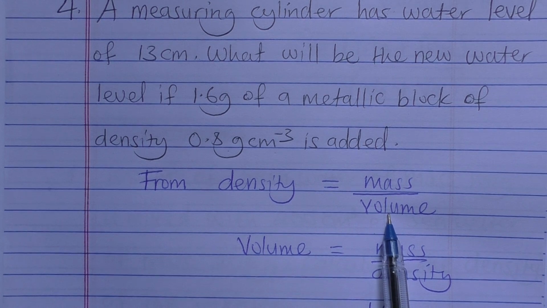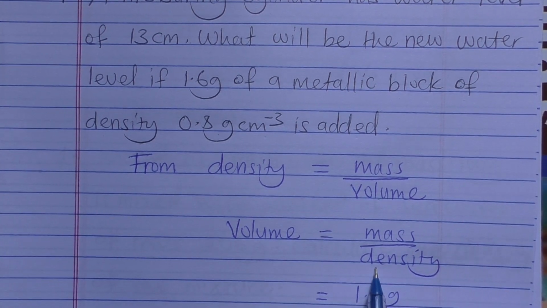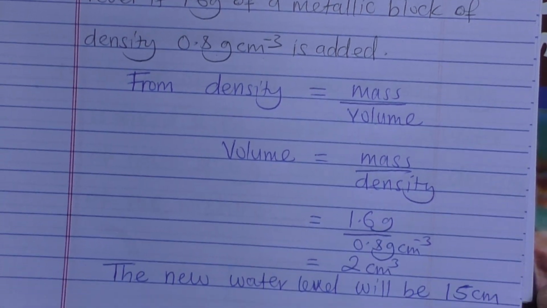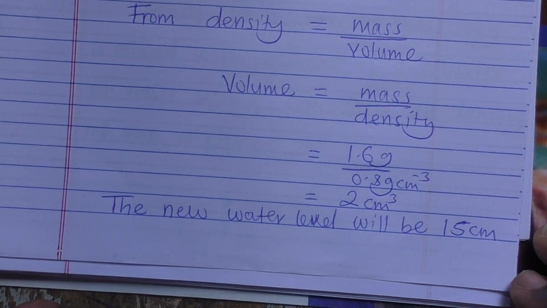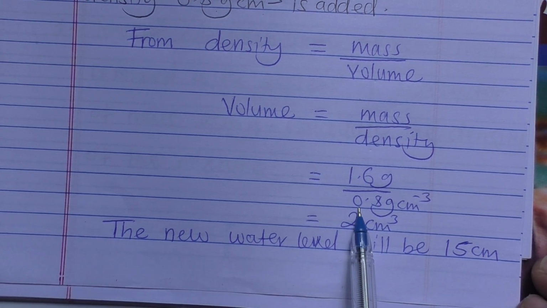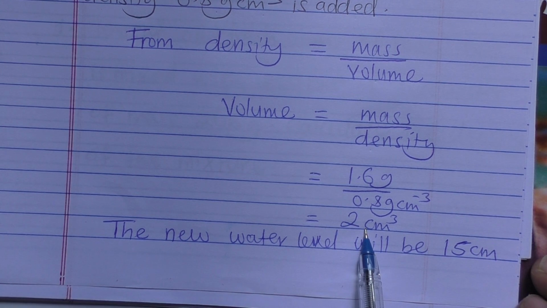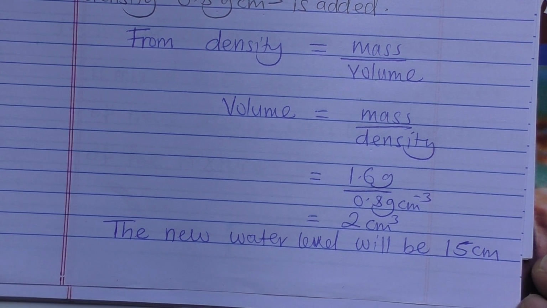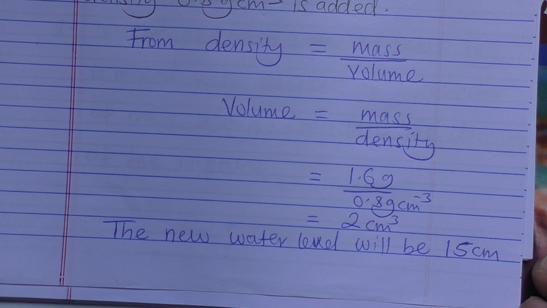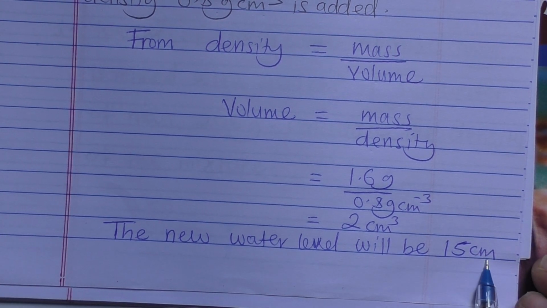So we shall make it the subject, whereby volume is mass over density. So we shall get our mass, which is 1.6, divided by the density, which is 0.8, to get a volume of 2. Meaning that the water level will increase by 2 from 13 to 15 centimeters.